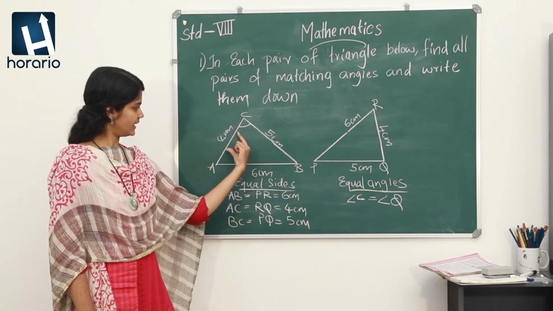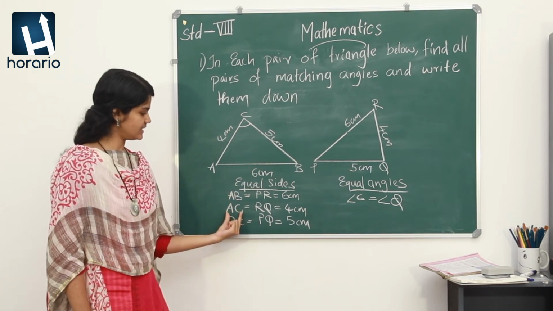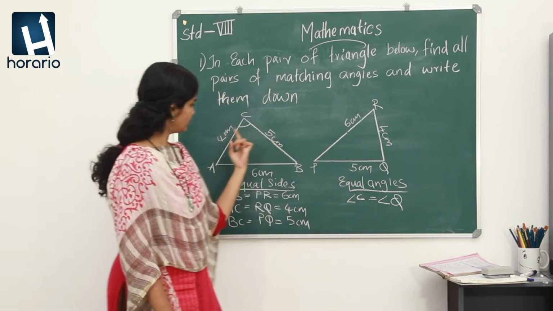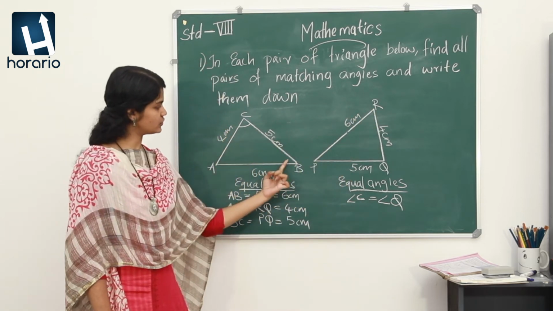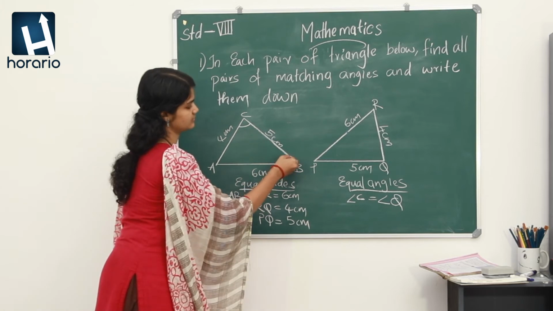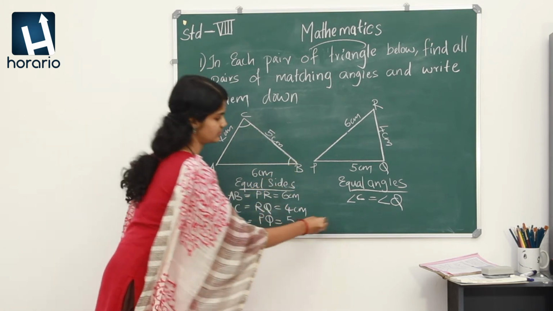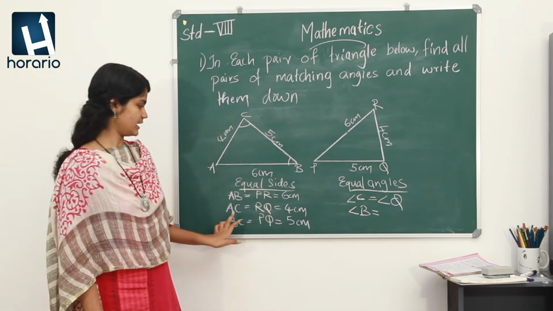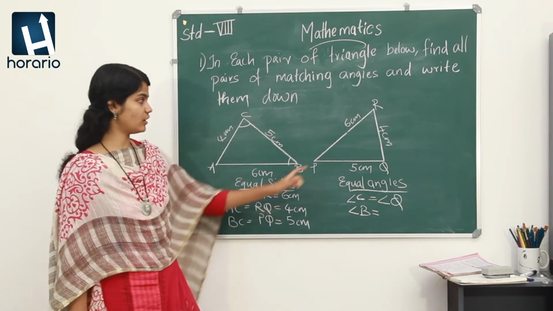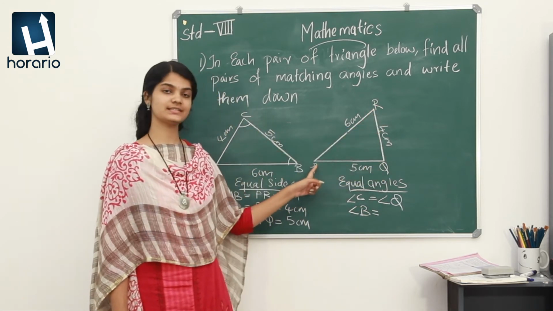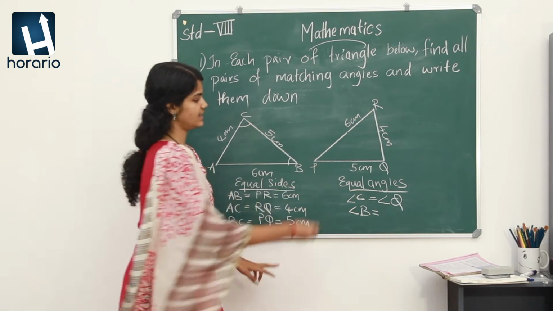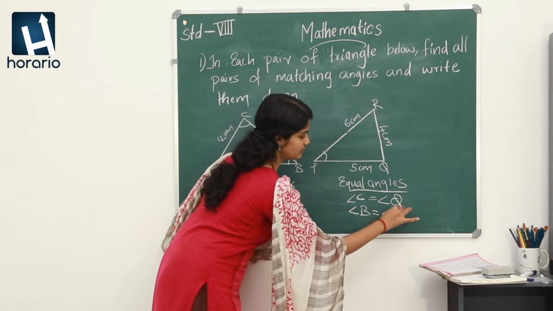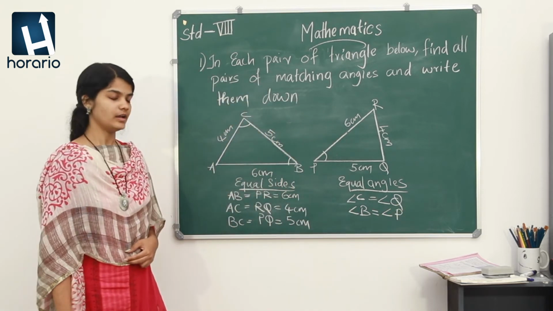Now, side AC is equal to side RQ. So, the angle opposite to AC is angle B. So, angle B is equal to, what is the opposite angle of RQ? It is P. So, we can say that angle B is equal to angle P. Now, let us move on.